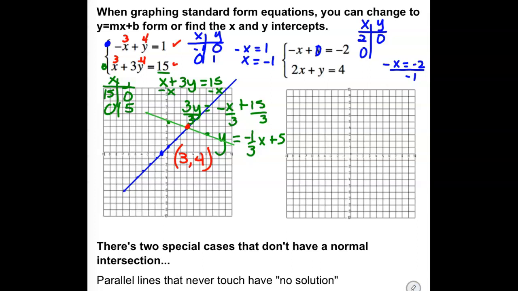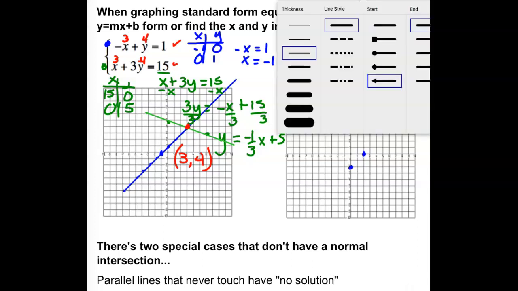Putting a 0 in for our x coordinate, we get y being -2. So we're going to cross the x-axis at +2 and the y-axis at -2. And we'll draw our line again. Should have arrows on both of these.